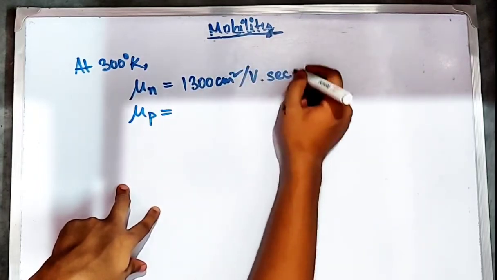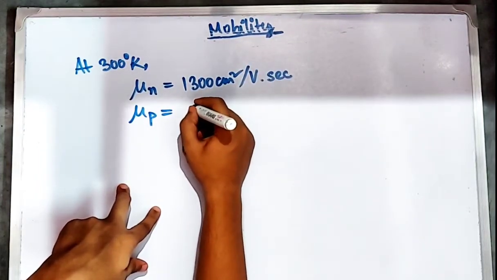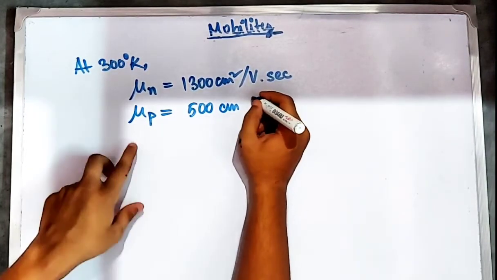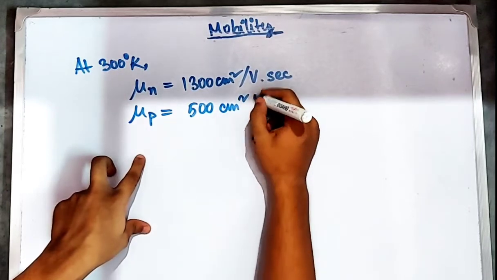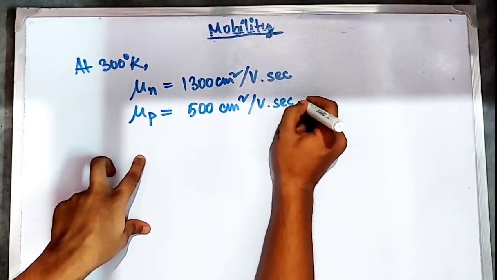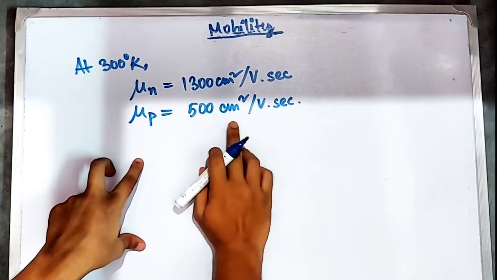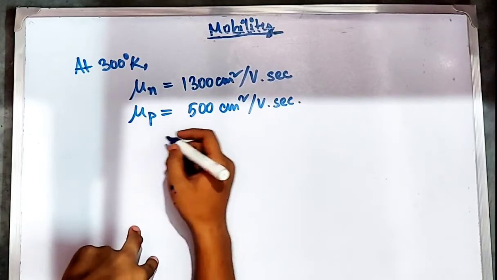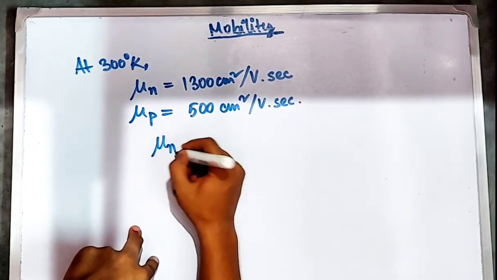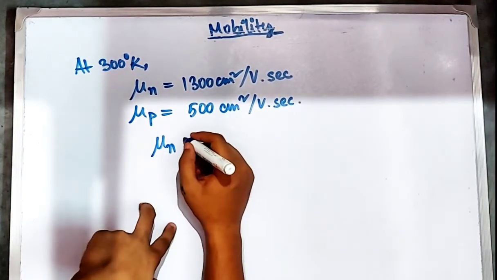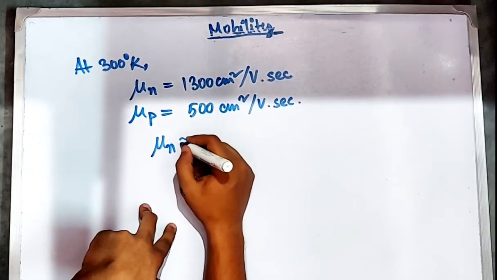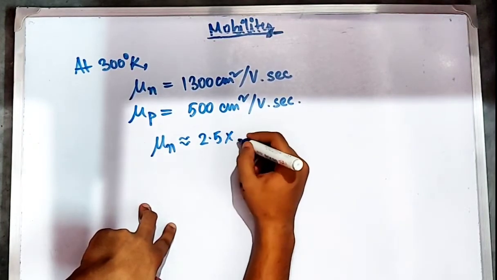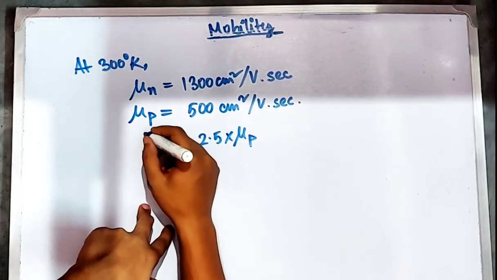The unit is very important here. The mobility of holes is 500 cm squared divided by volt second. So as you can see, the mobility of electrons is more or less 2.5 times the mobility of holes.